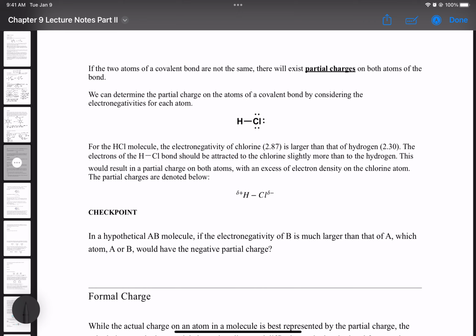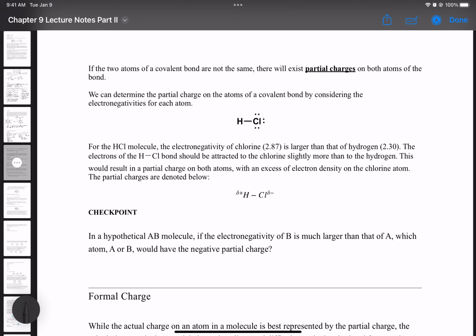So they're slightly more attracted to chlorine than to hydrogen, because hydrogen doesn't have as many protons. This would cause a partial charge to build on both atoms, with the excess electron density on the chlorine atom.